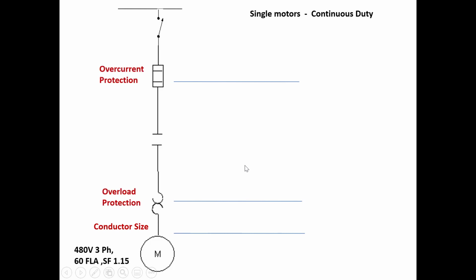So in this question, it's just a single motor, continuous duty. We're going to start at the bottom and work our way up. Rule 28.106 is talking about the conductors for a single motor, so insulated conductors. Subrule 1 says that for continuous duty they shall have an ampacity not less than 125% of the full load current rating on the motor.